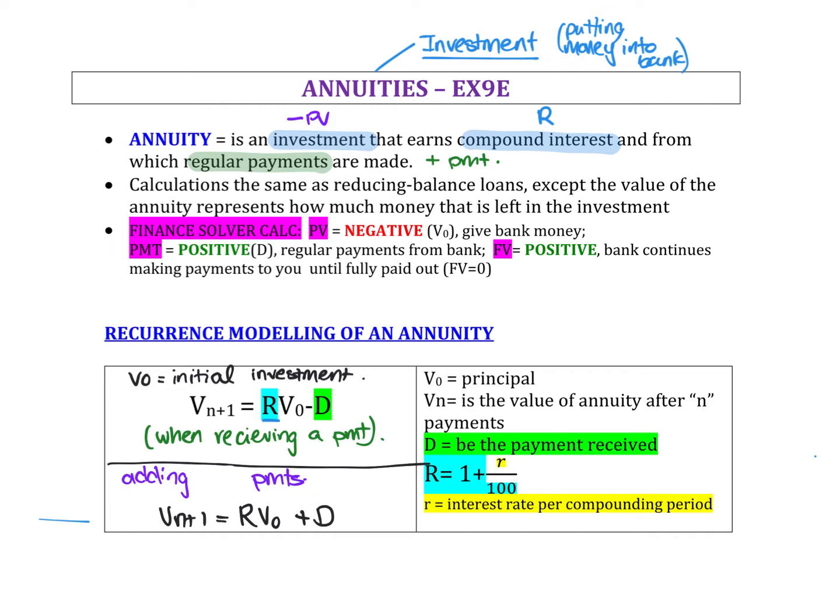When you're adding extra payments, it would look like this. You'll see V(n+1) equals R V(n), and it'll be plus D. So you'd be adding more to it. It depends on what you're doing, but in both cases you're getting interest on the amount, so you're making money.